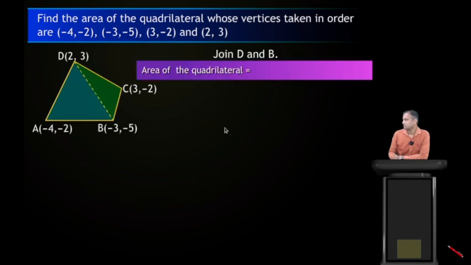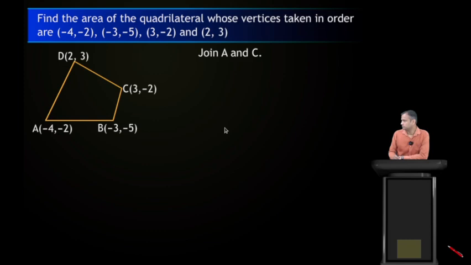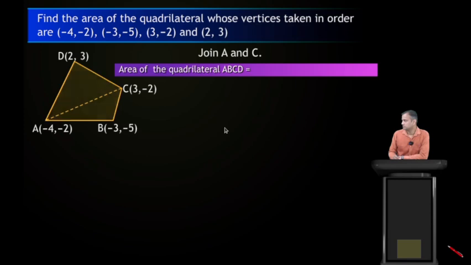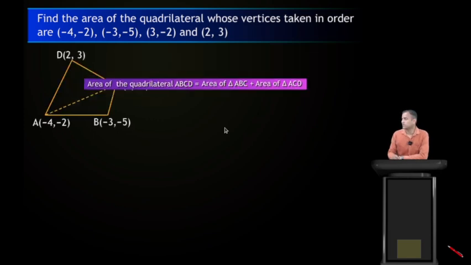Then the area of the quadrilateral is the area of ABD plus the area of BCD. If you join AC, again you will get two triangles. So you can use any one of them. You just have to find the area of the two triangles and add them.